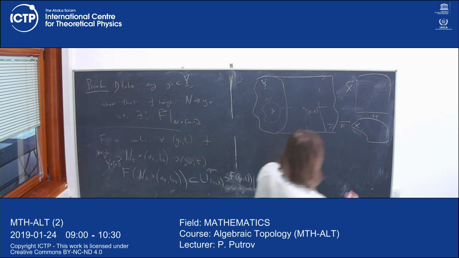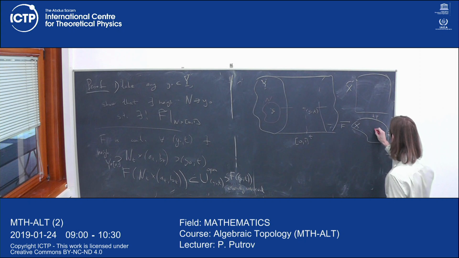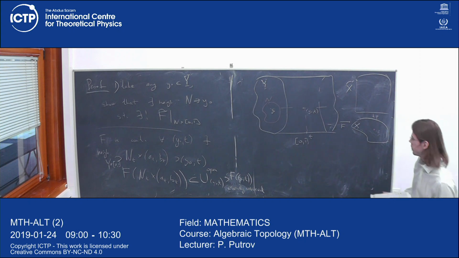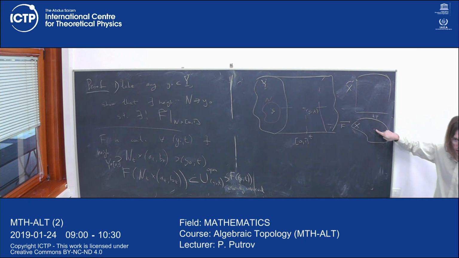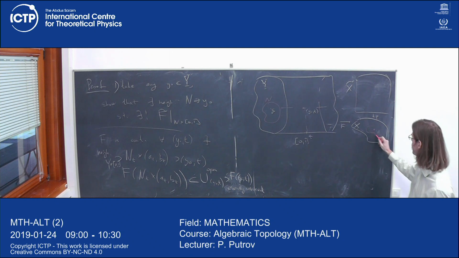So first of all, I take some point. By the definition of this covering map, there exists an open neighborhood which is evenly covered. So this is the image of (y0, t).